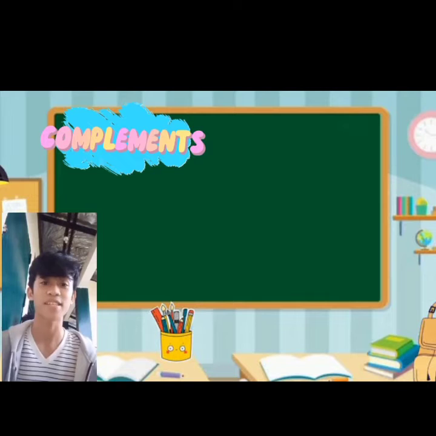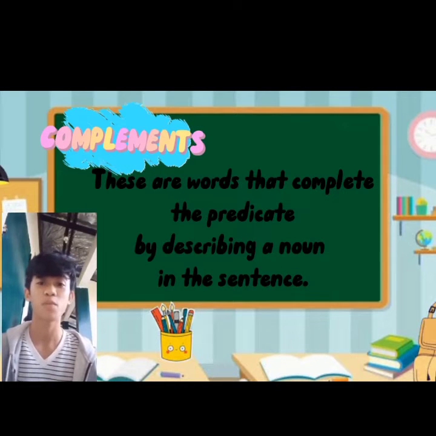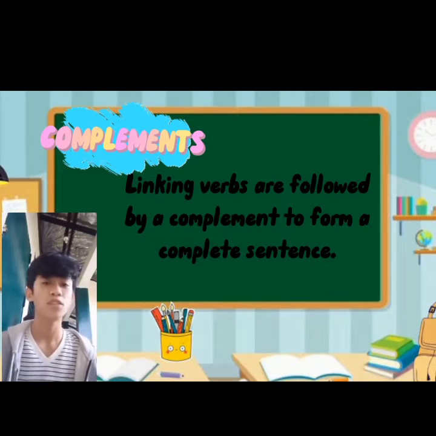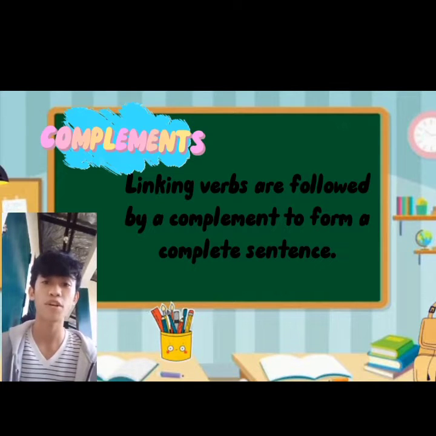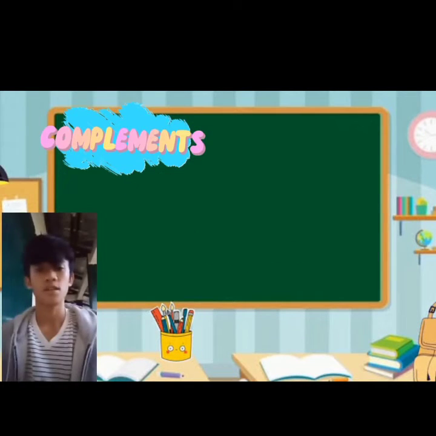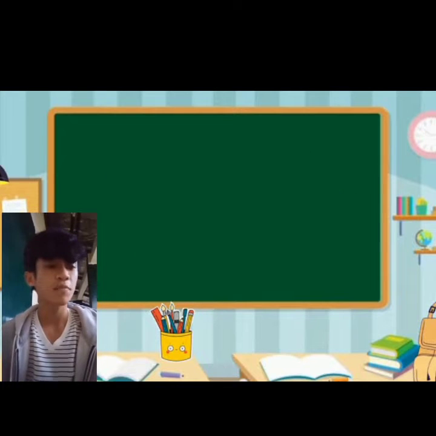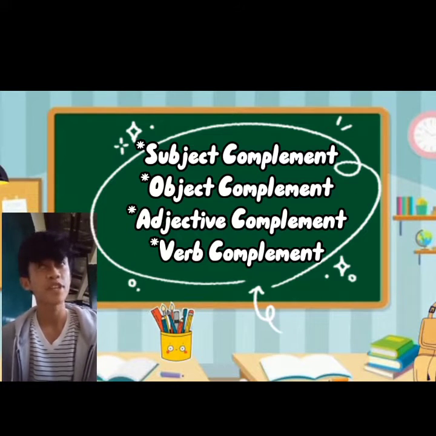Next are the complements. These are words that complete the predicates by describing a noun in a sentence. Linking verbs are followed by a complement to form a complete sentence. So these are the four kinds of complement: the subject complement, object complement, adjective complement, and the last is the verb complement.